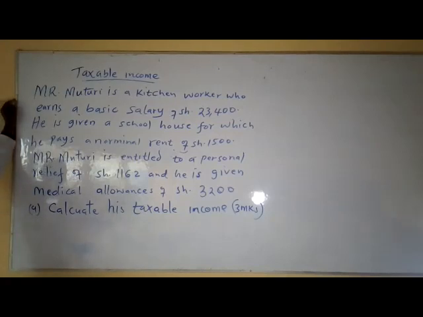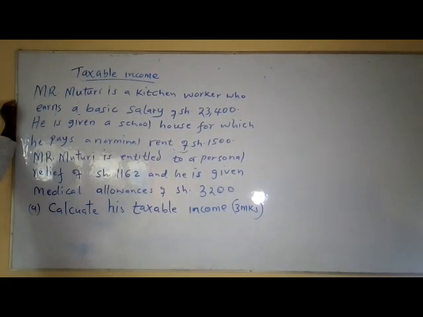Mr. Muturi is a kitchen worker who earns a basic salary of Kenya shillings 23,400. He is given a schoolhouse for which he pays a nominal rent of Kenya shillings 1,500.